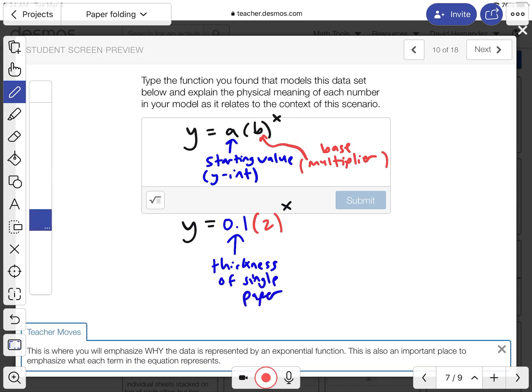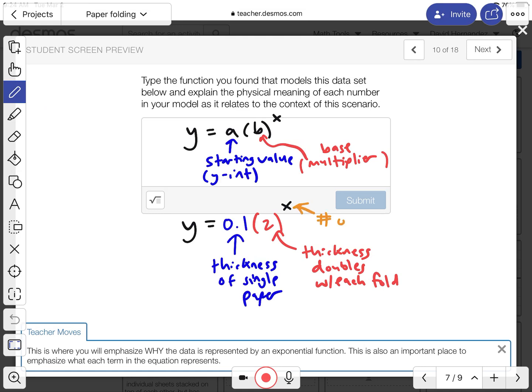The 2 means the thickness doubles with each fold. And x is the number of folds. And then y would be the total thickness of the paper.